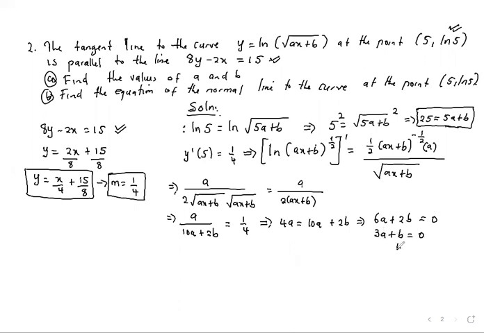This is telling us that b is equal to 3a. A very important equation to substitute in here. So we have 25 is equal to 5A, where there is B, we have 3A. This will give us 8A is equal to 25.